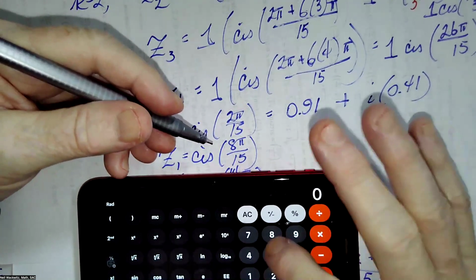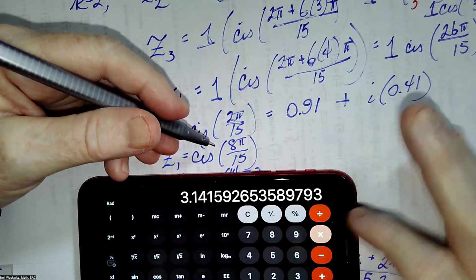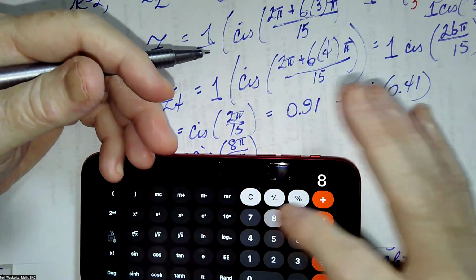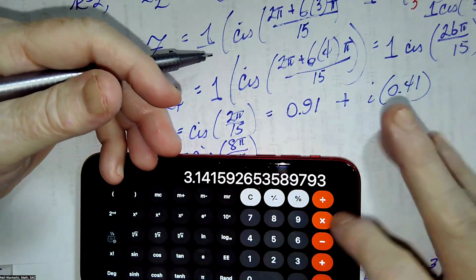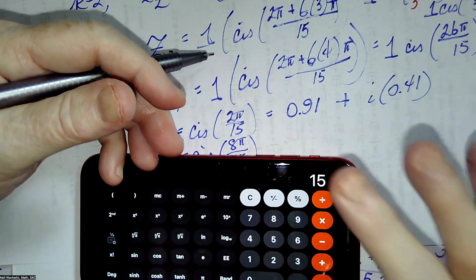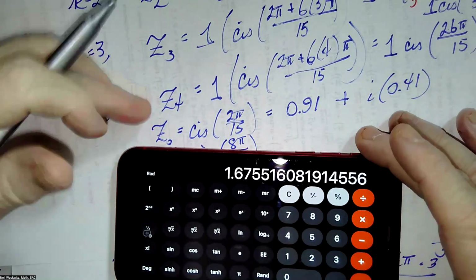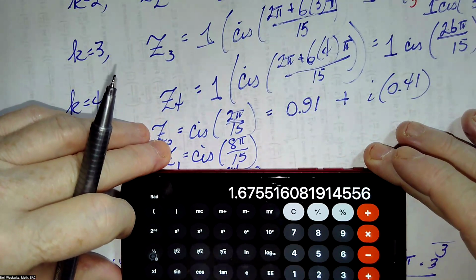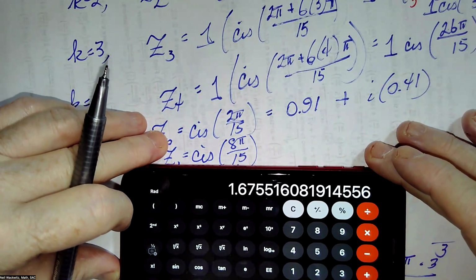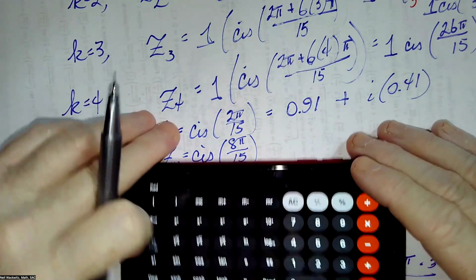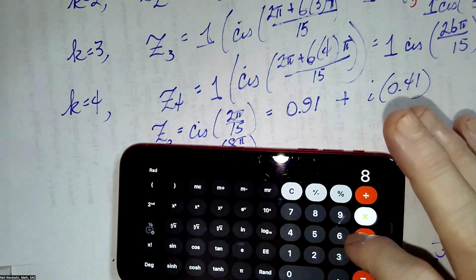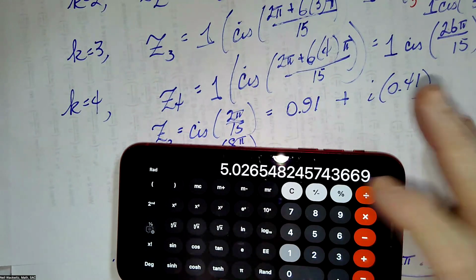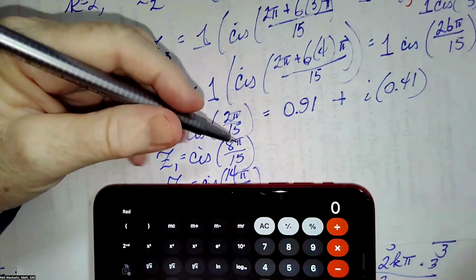Now we have 8 times pi divided by 15. Okay, wait. 8 times pi divided by 15. Okay, so let's see.